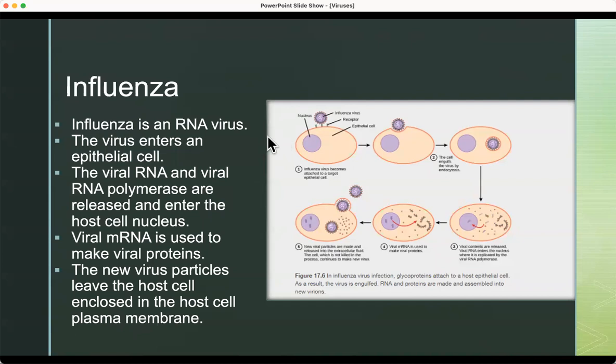So it says the virus enters an epithelial cell. In this case, the virus is not injecting the RNA, the whole virus particle is entering the epithelial cell. So that's what you see here for number one. The virus particle approaches the host cell.